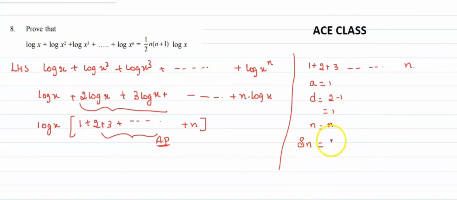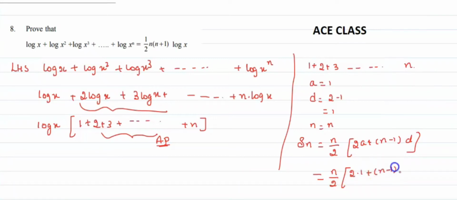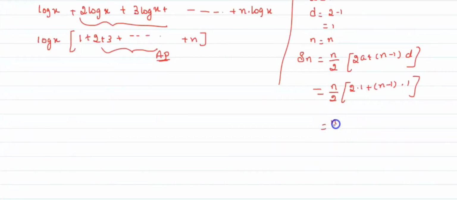So Sn is equal to n over 2 into 2a plus n minus 1 into d. Substitute here. So n by 2 into 2 into 1 plus n minus 1 into 1. That is n over 2 into 2 plus n minus 1 itself.